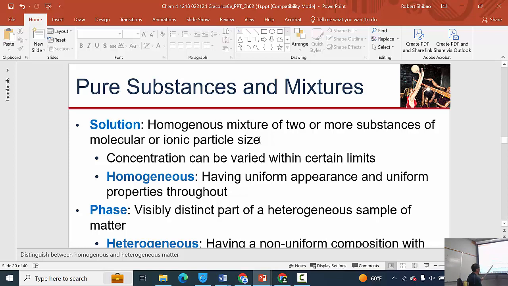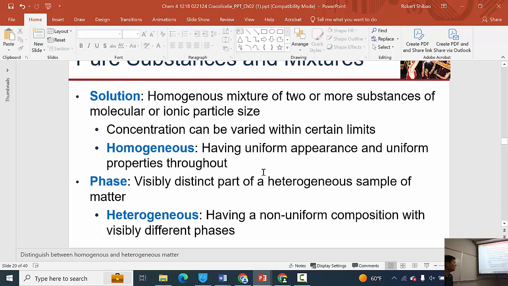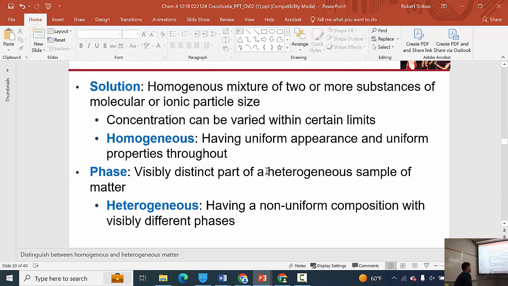Phase just refers to solid, liquid, gas. And if we have multiple phases, then that's what we call heterogeneous. So sand and water would be heterogeneous, and that would be a mixture of sand and water. Heterogeneous usually indicates a mixture, but sometimes heterogeneous can be pure.